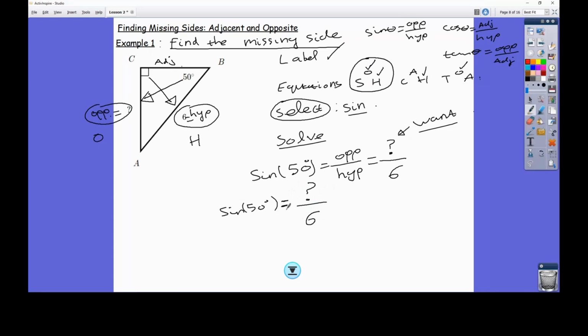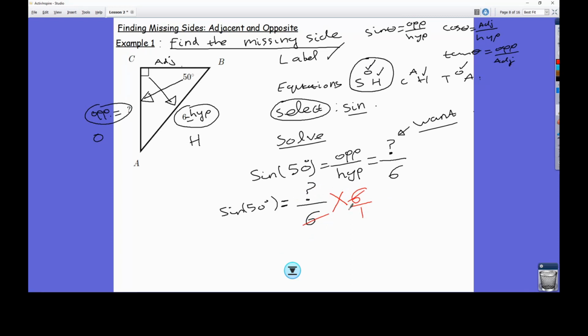Have a think, what are we doing to the 6 on the right-hand side? Well, we're taking the unknown and we are dividing it by 6. So if I want to get rid of it, I've got to do the opposite of divide. So I would have to multiply by 6, because that would cancel the 6 on the bottom of the fraction. I'd have 6 over 6, which would be 1.